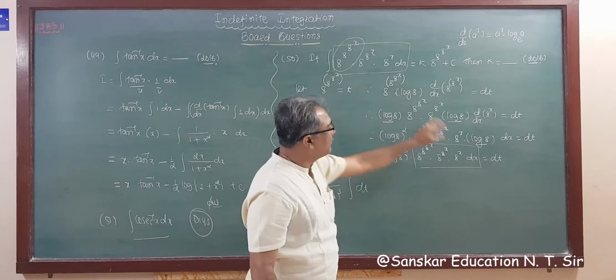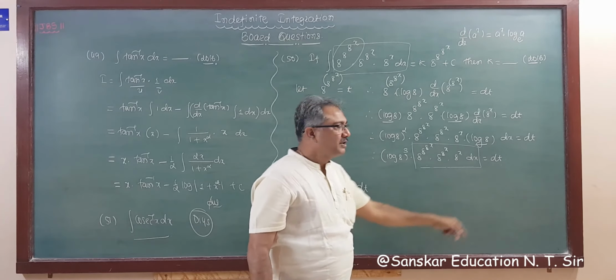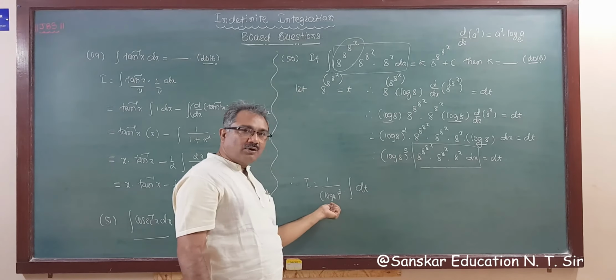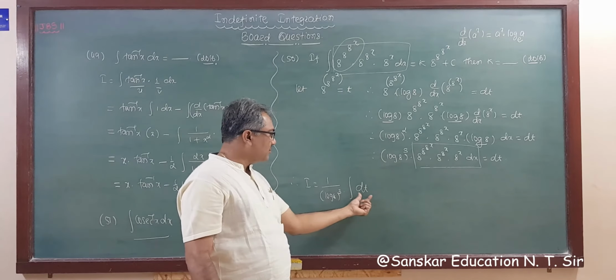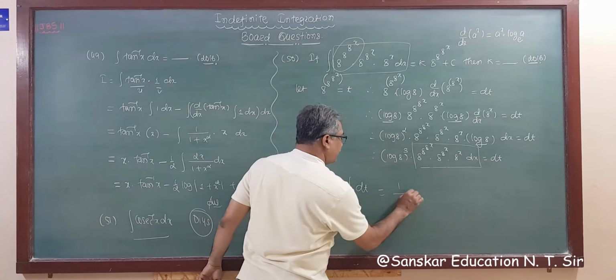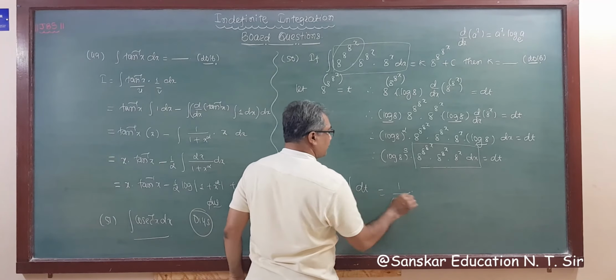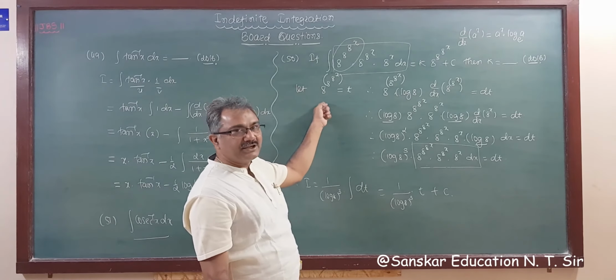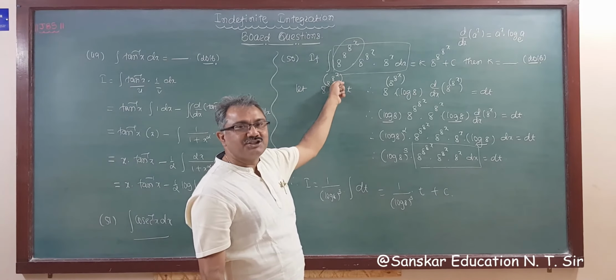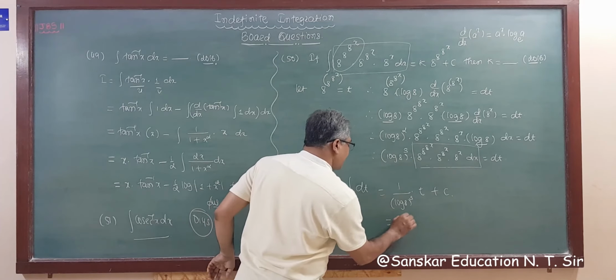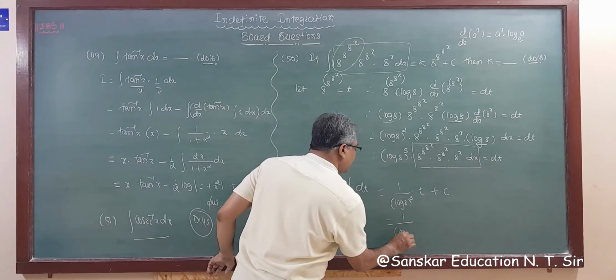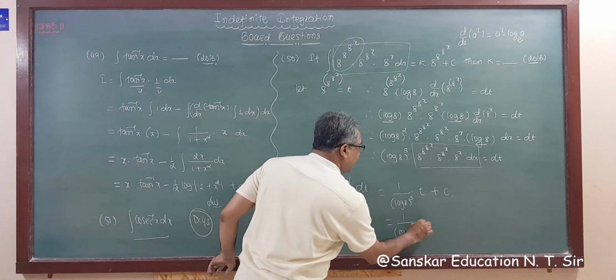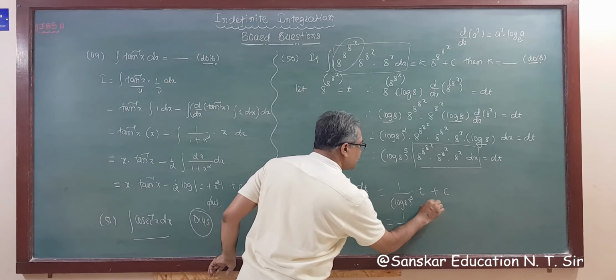So this portion is now your dt. So the answer of this is 1 upon log 8 whole cube, and the integral of dt is t plus c. And what is t? It is 8 raised to 8 raised to 8 raised to x. So the answer will be 1 upon log 8 whole cube, 8 raised to 8 raised to 8 raised to x, plus c.